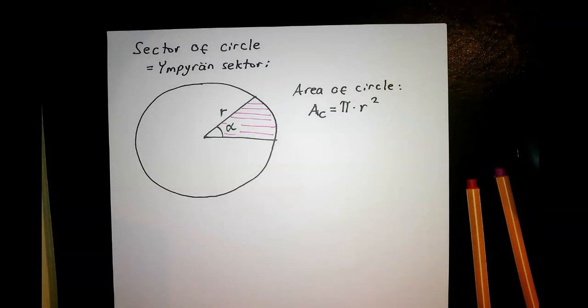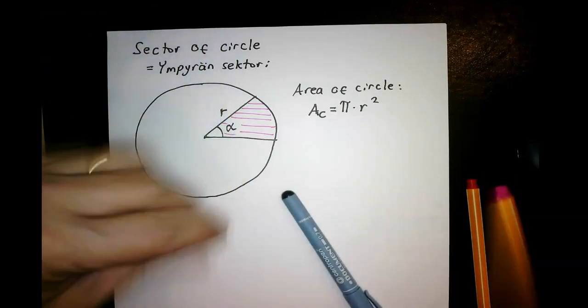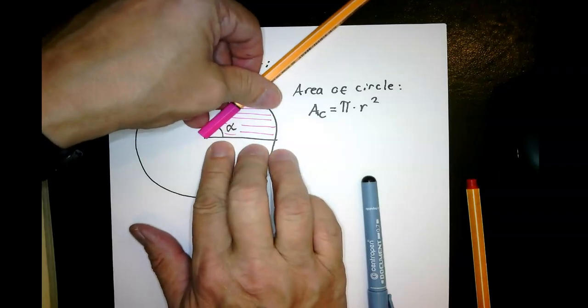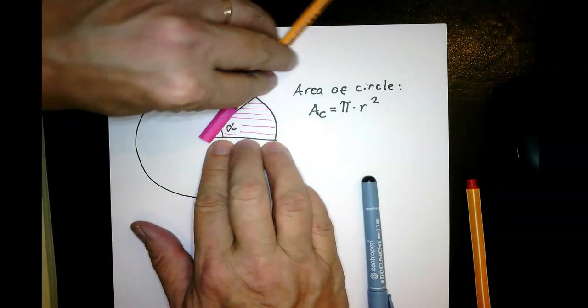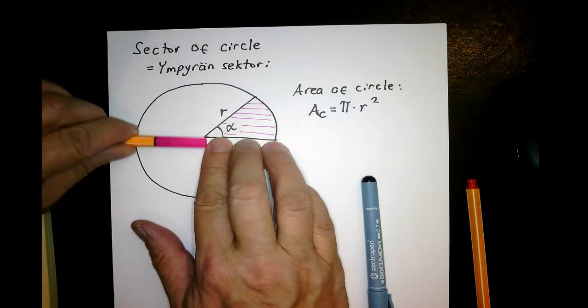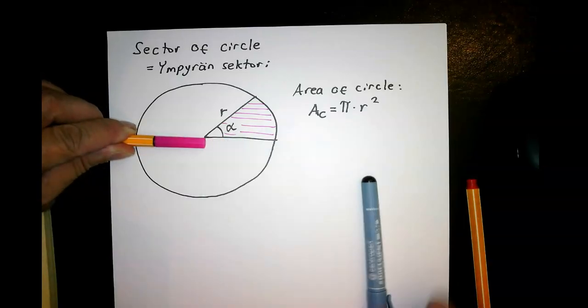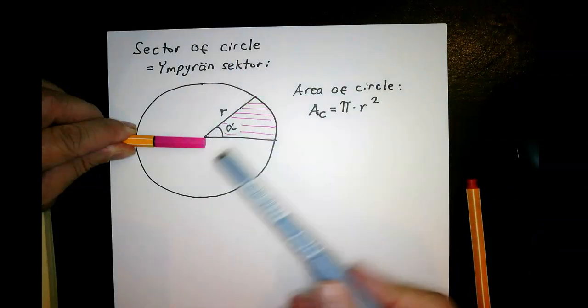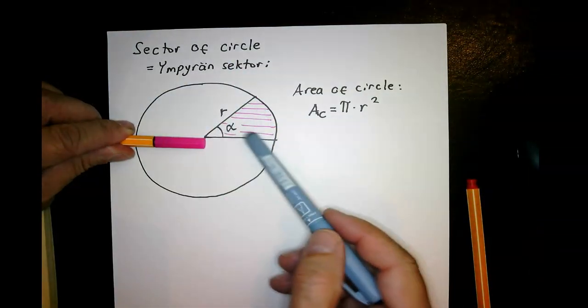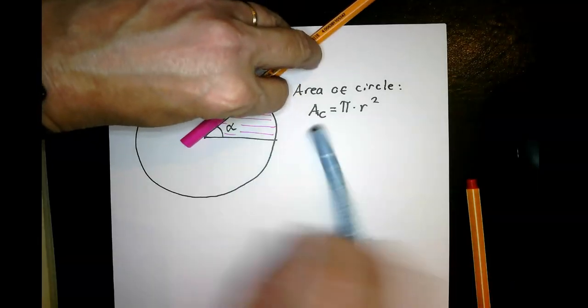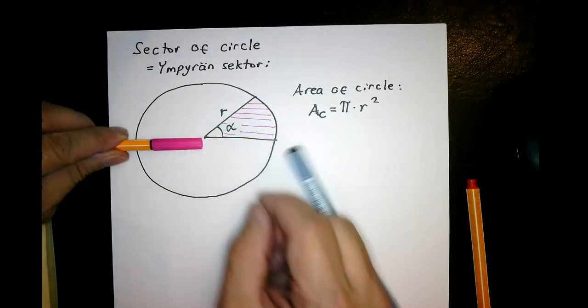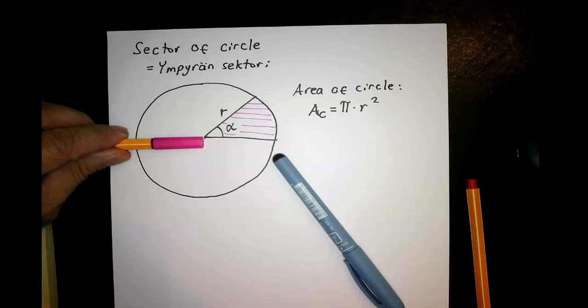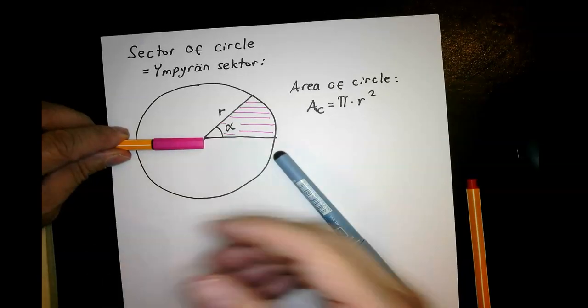If this sector would be half of the circle, so if I would turn this side of the sector to the horizontal position, so this would be 180 degrees. So it is easy to understand that this sector would be a half circle. So the area would be half of that circle.